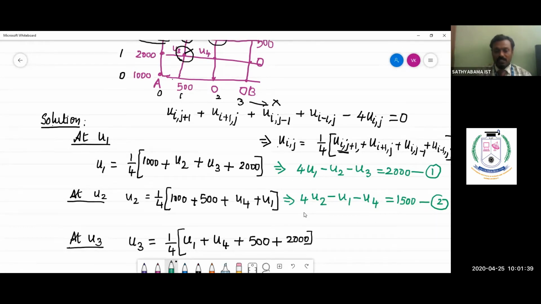So from this, we get the equation 4u3 minus u1 minus u4 equal to 2500. Call it equation 3.